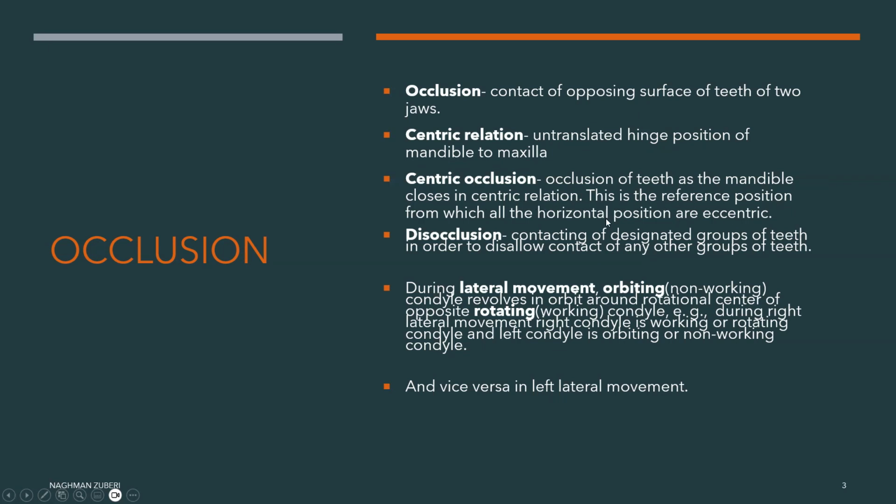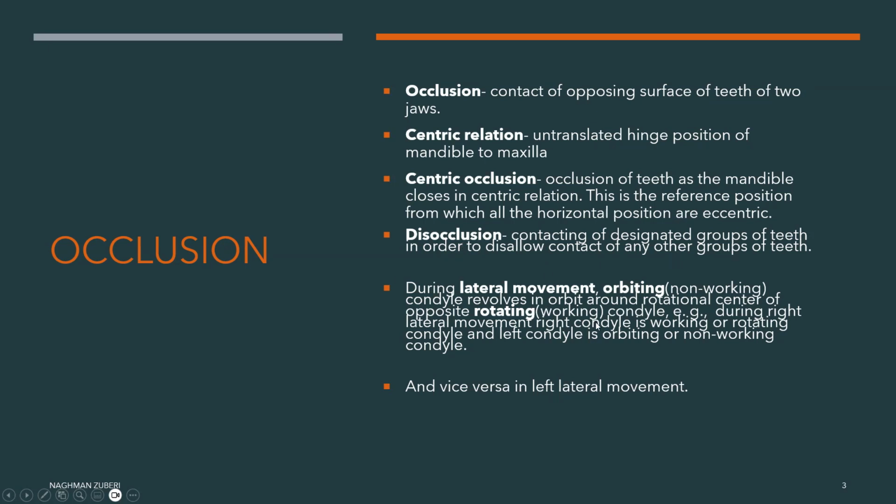This is the reference position from which all the other horizontal positions, we call eccentric occlusion. Disocclusion is the contacting of designated groups of teeth in order to disallow contact of any other groups of teeth. So those teeth which are not in contact would be in disocclusion.